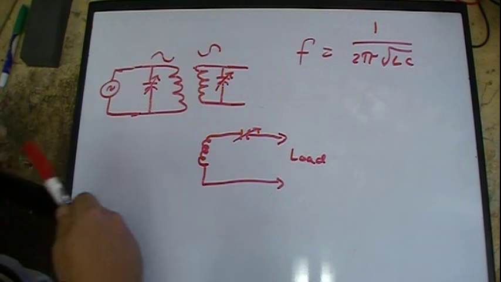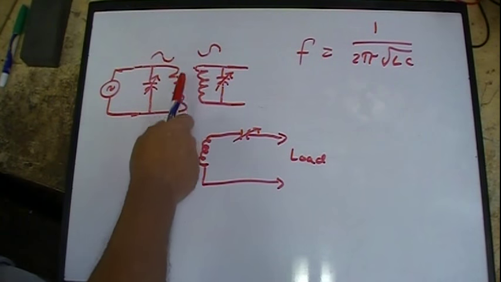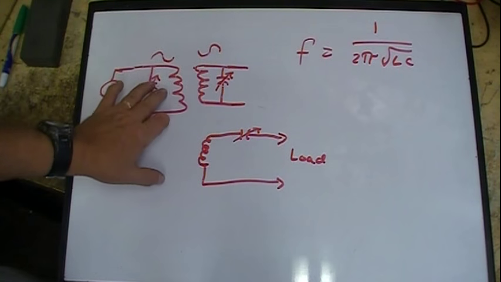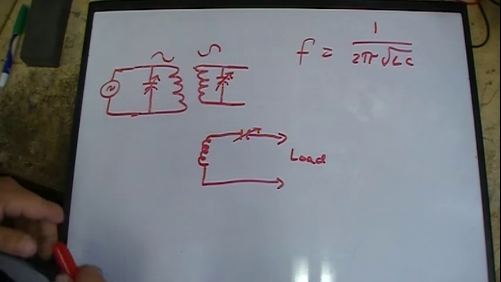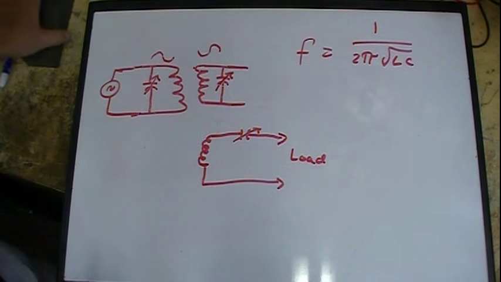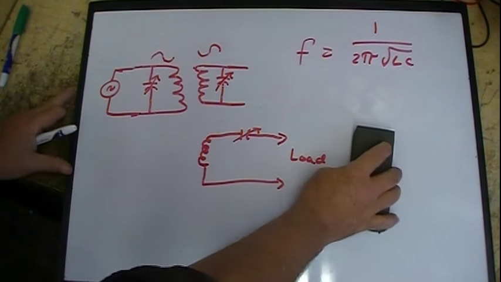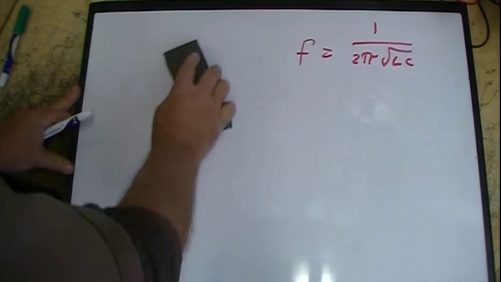But they do shift in phase because what is being produced here is counter EMF. It's counter to the voltage here. So that's about all I've got to say on them.